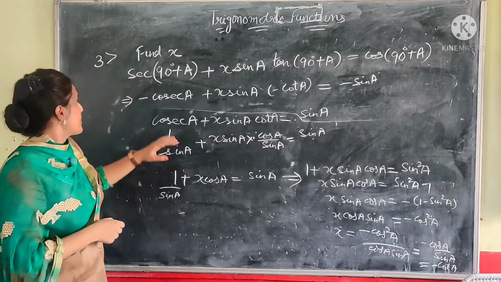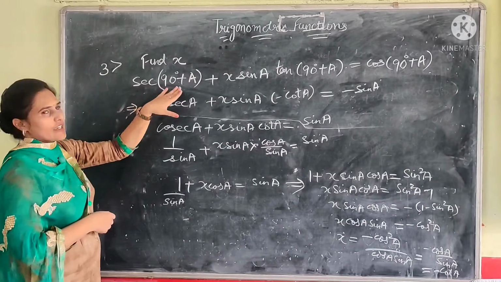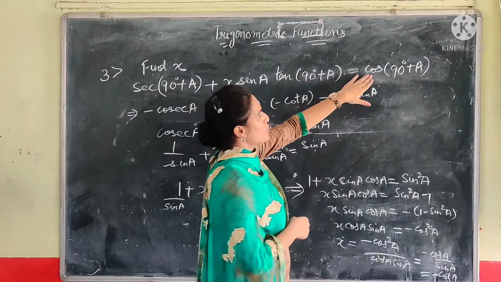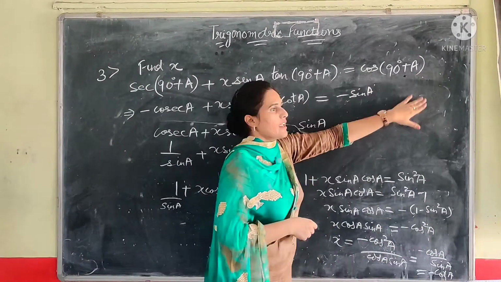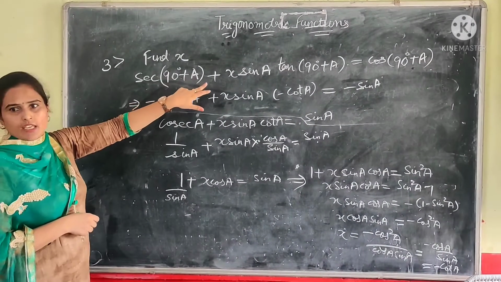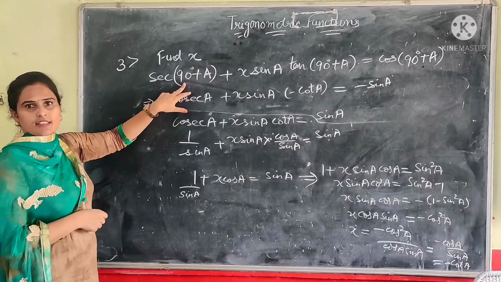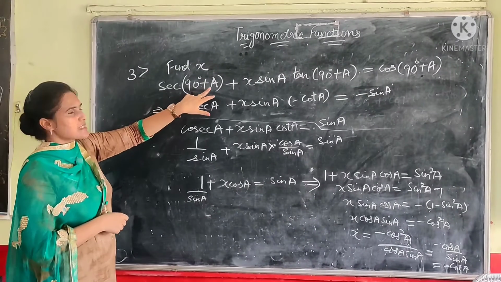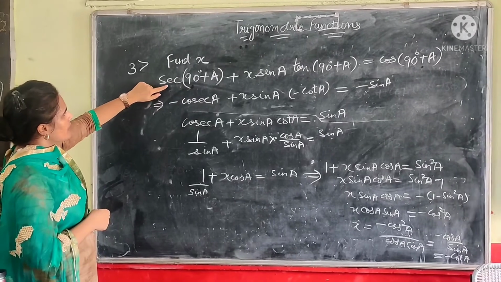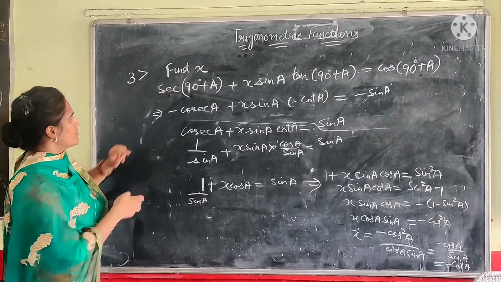Next example, find x: secant 90 plus a plus x sin a tan 90 plus a is equal to cos 90 plus a. Now secant of 90 plus a, that is theta lies in second quadrant.